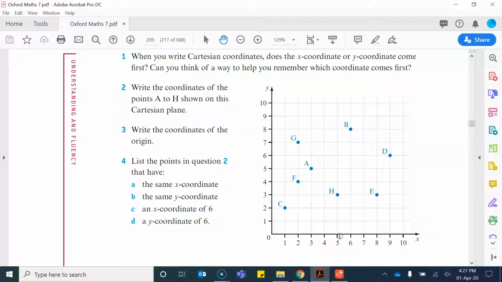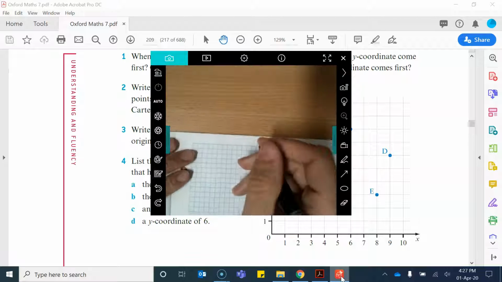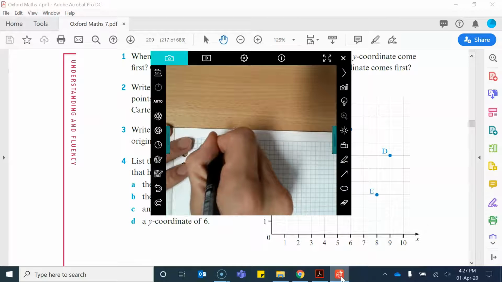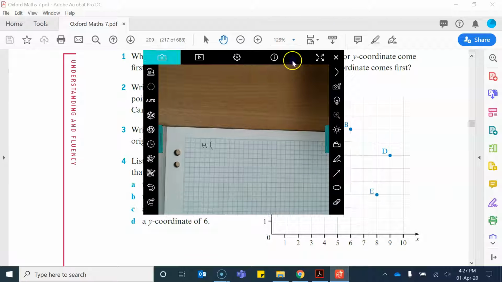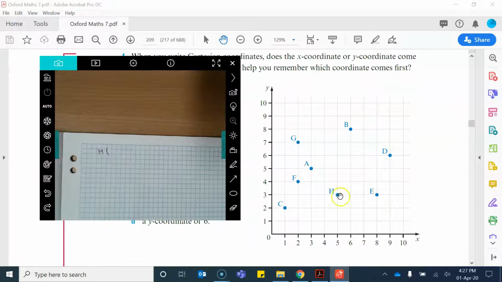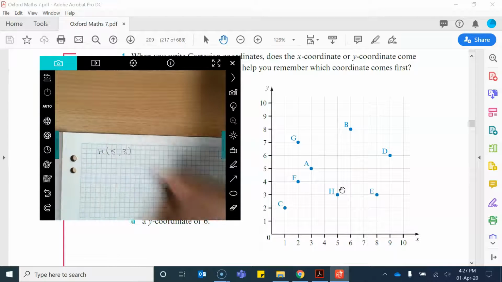So on a sheet of paper, that would be represented as H, so I've labeled what point I'm talking about, and then the position is 5, 3.